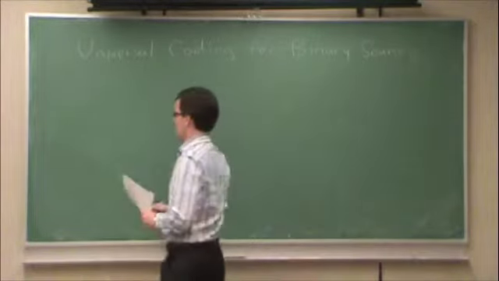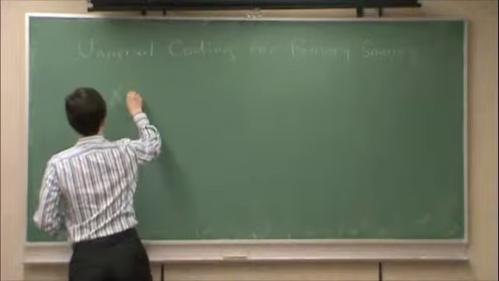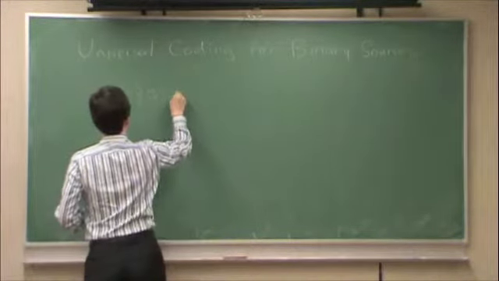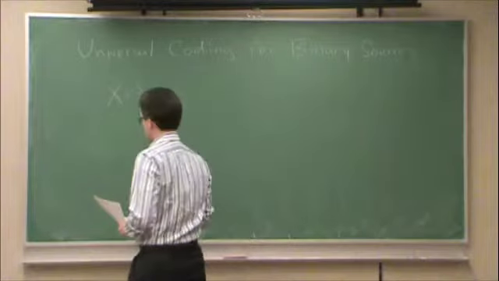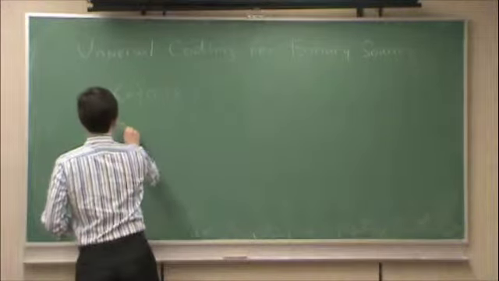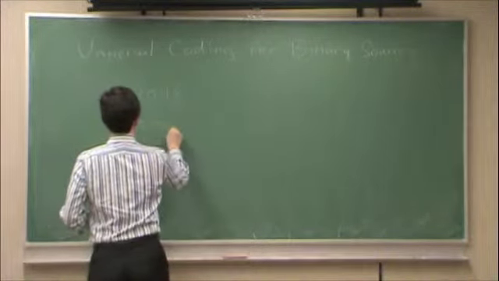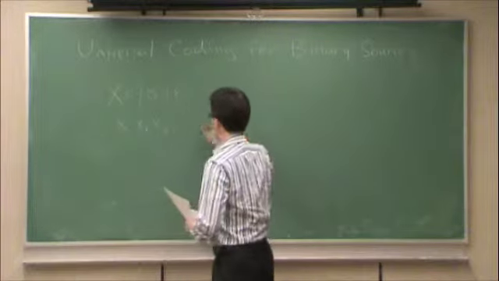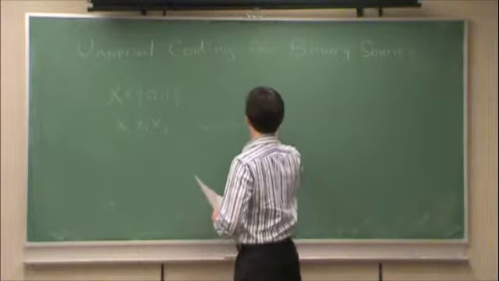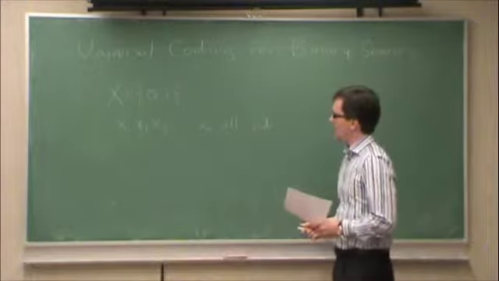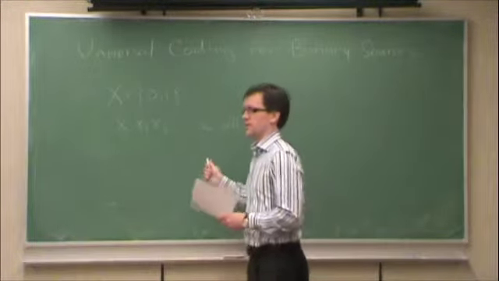Okay, so we're going to have a binary source X. There's going to be a sequence of these binary elements, up to xn, all IID.